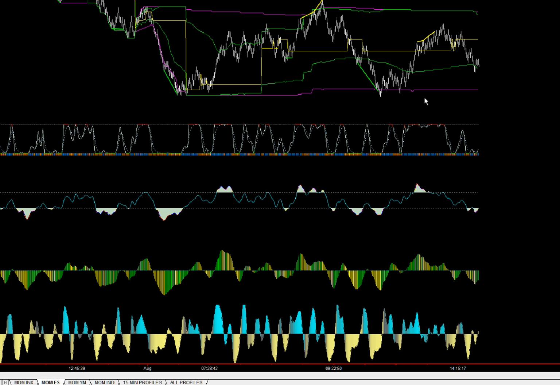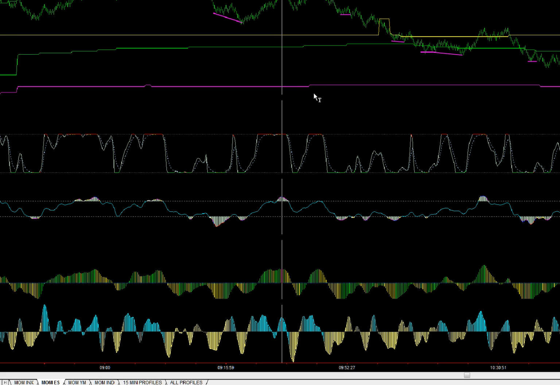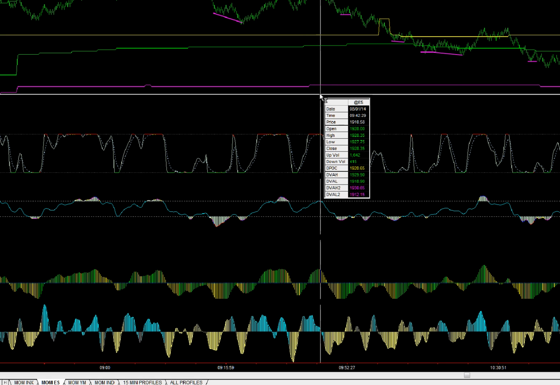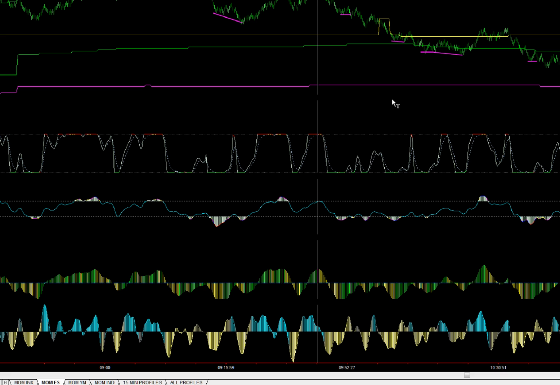So now let's take a look at this same period in an even faster interval. Now, here we are right in here, 9:42, 9:43, and in a closer examination of this move, we can see we're definitely overbought here. Indicator number 1 is at 100. We have a nice divergence on indicator number 2.